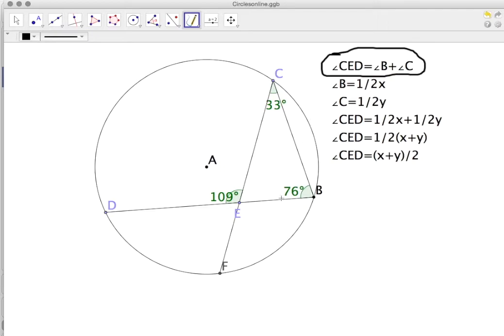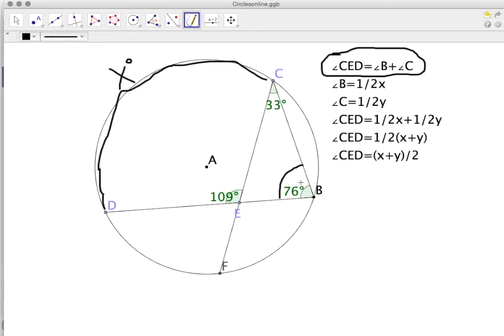We also know something about angle B. Angle B is half as much as the arc that's formed by D to C. So this arc right here, we call that X amount of degrees.